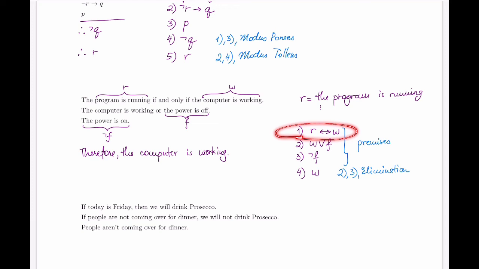Now remember that the biconditional means that it's a logical equality of the sorts. So they will have the exact same truth values. So this is essentially a logical equality. So if my computer is working, so I was able to conclude W, that means that I should be able to also conclude R.